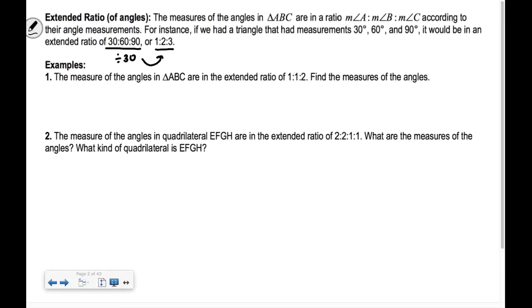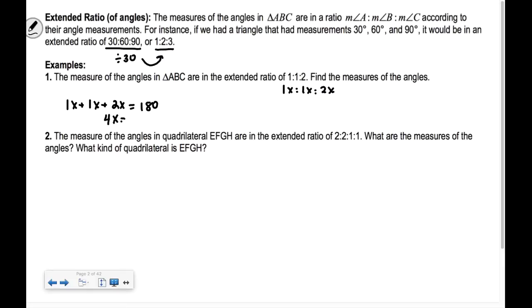So it says the measures of the angles ABC are in the extended ratio of 1 to 1 to 2. So we're going to rewrite it as 1x to 1x to 2x, because it's been reduced down by something. That can't possibly be the angle measures. That doesn't make 180 degrees, right? So now we say 1x plus 1x plus 2x has to equal how many degrees are in a triangle? 180, right?